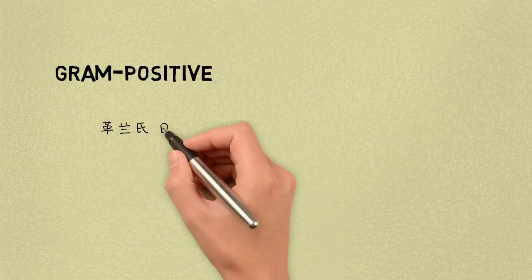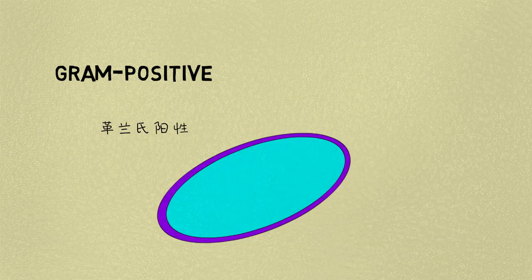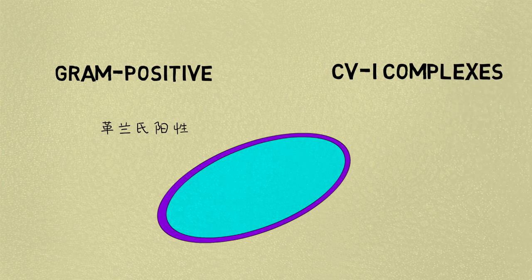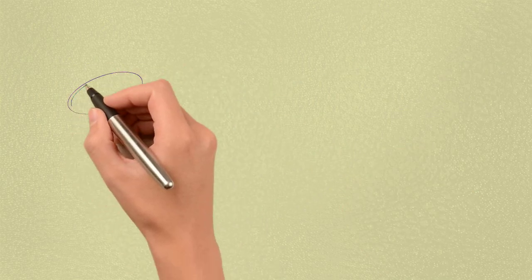The large CV-I complexes become trapped within the gram-positive cell due to the multilayered nature of its peptidoglycan. The decolorization step is critical and must be timed correctly. The crystal violet stain is removed from both gram-positive and negative cells if the decolorizing agent is left on too long, a matter of seconds.